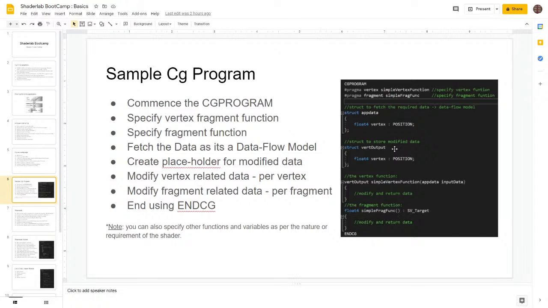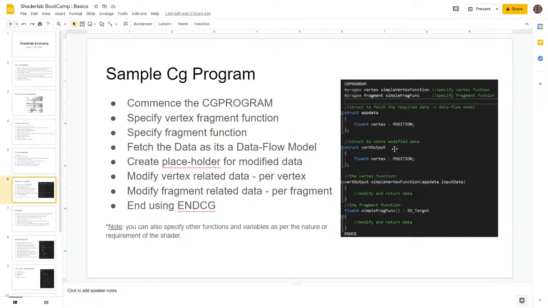Usually in the vertex function, we take the object space vertices and apply the projection matrix to convert them into clip space. That means your vertex position now goes from 3D to 2D, mapped on a screen, and then we go to the fragment function.